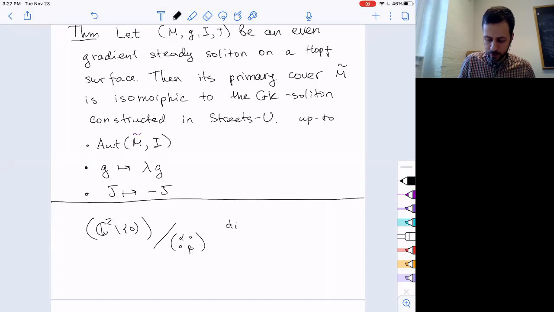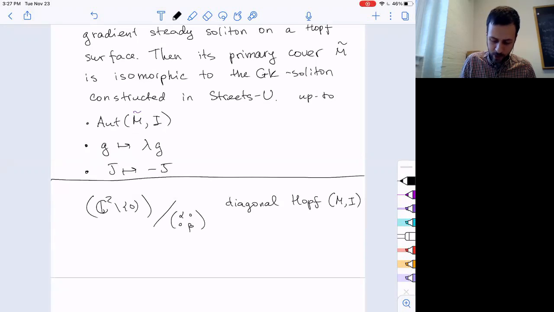This is the diagonal Hopf surface. Let me call it (M, I). It has a canonical holomorphic Poisson tensor, del Z1 wedge del Z2, where Z1 and Z2 are coordinates in C2. Let me call this Poisson tensor pi. It's a complex Poisson tensor.